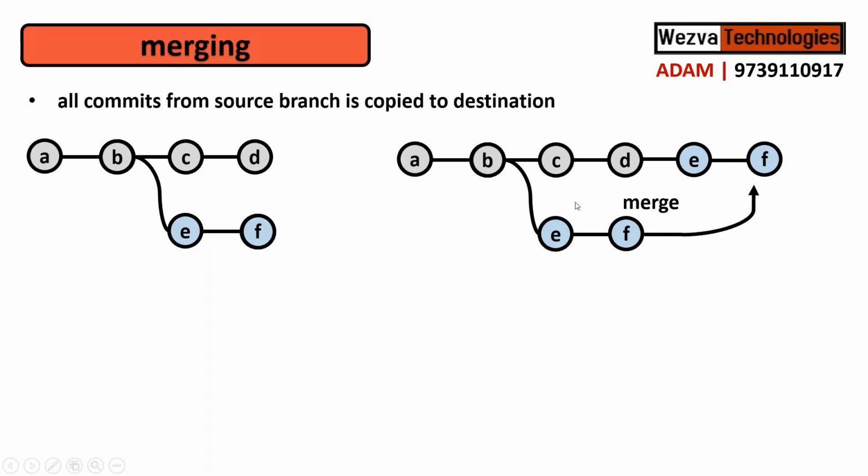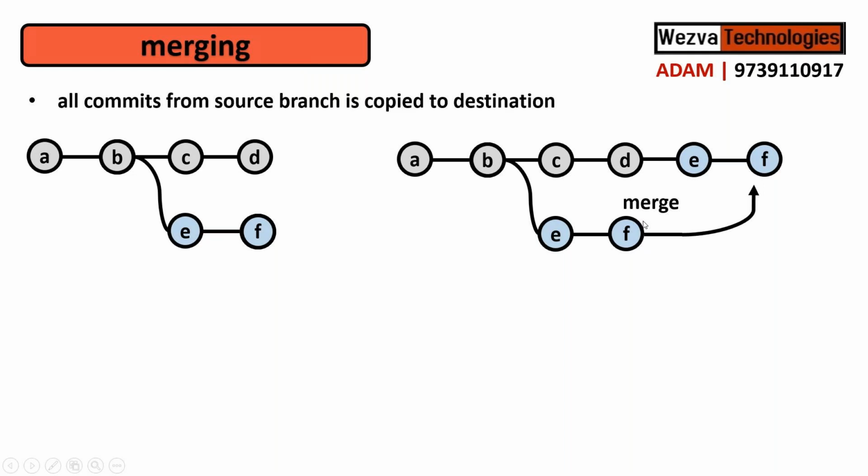So when do you need to do a merge? Whenever you want to combine the code from one branch to another branch. However, when you do a merge, what happens? All the commit IDs from the source branch will be copied to the destination branch. Okay, so this is one method of combining the contents of the branch.